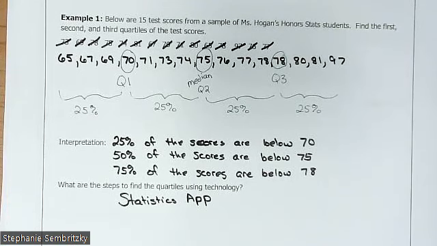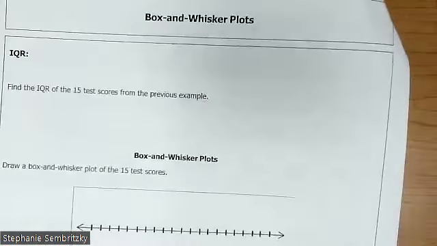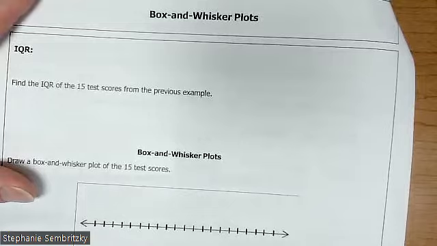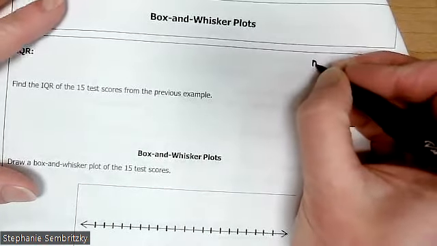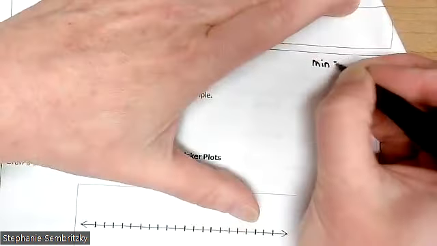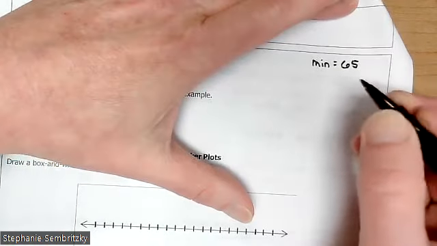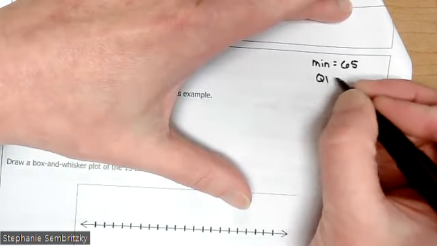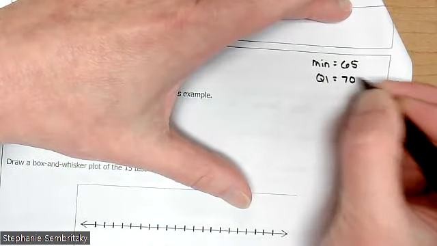So I'm going to write down those values off to the side because we're going to need them. The min was 65. Q1 was 70.